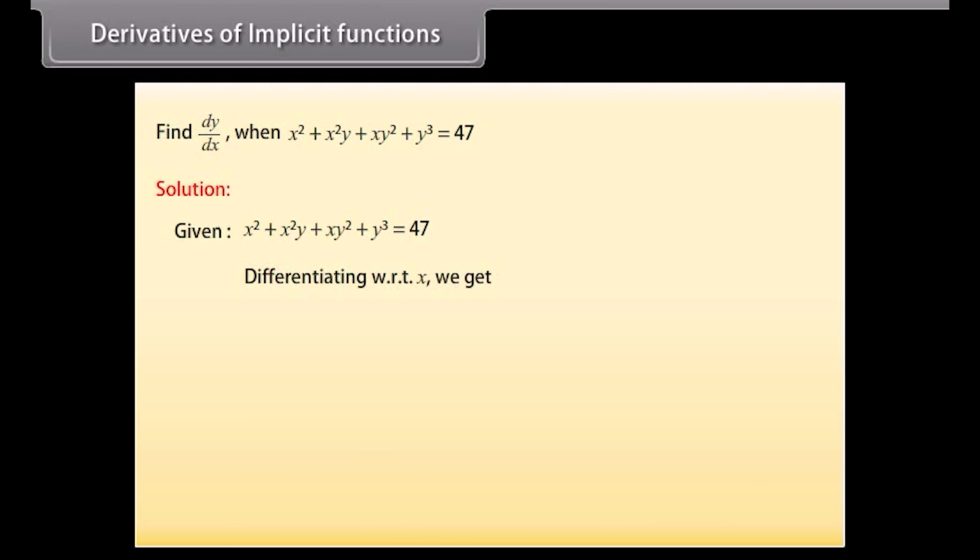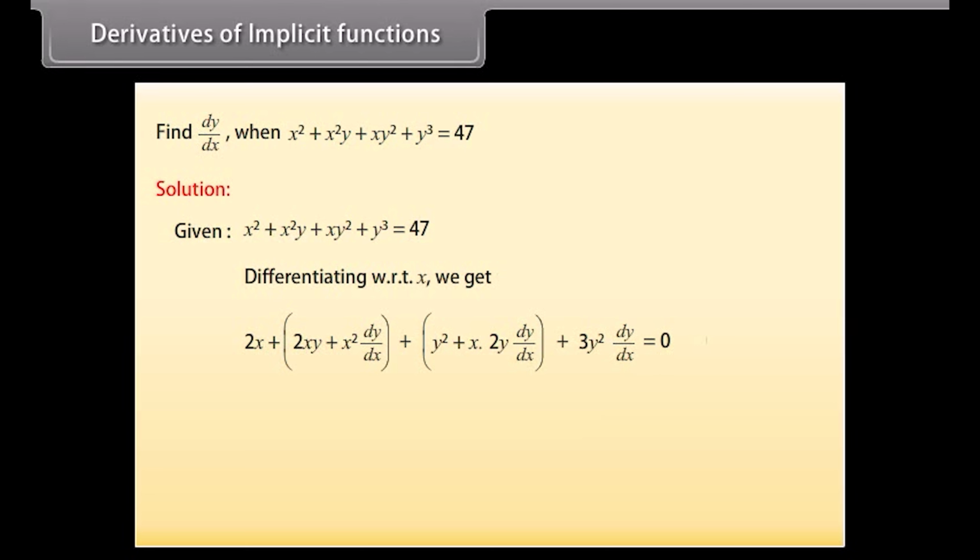Differentiating with respect to x, we get 2x plus 2xy plus x square into dy by dx plus y square plus x into 2y dy by dx plus 3 into y square dy by dx is equal to 0.